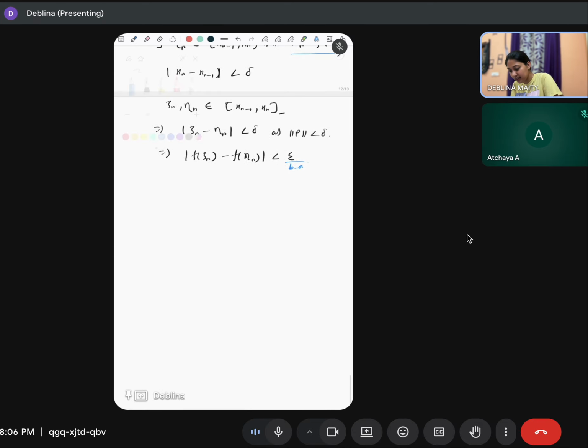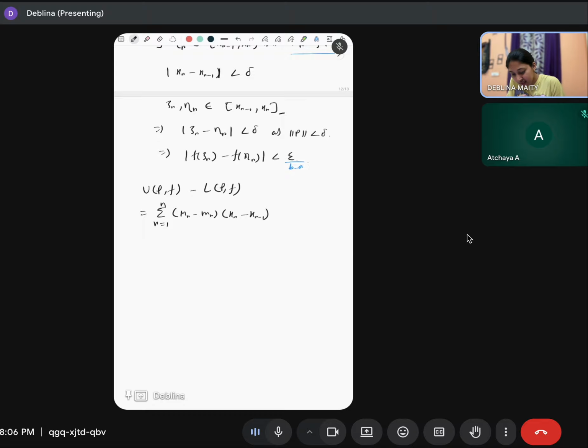Now we'll find U(P, f) and L(P, f). So we have to find this difference U(P, f) minus L(P, f), and this is equal to the sum of (M_r minus m_r) times (x_r minus x_{r-1}), for r equals 1 to n, right?